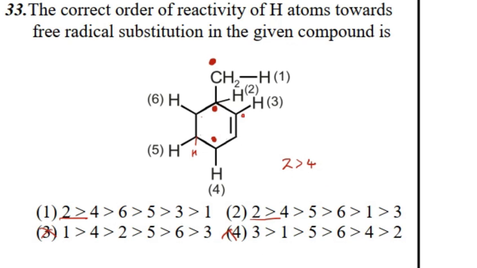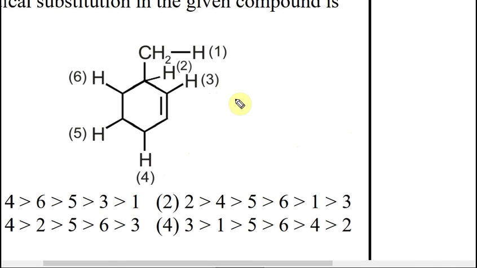Okay, let's erase it now. So far we have figured out 2 is greater than 4, then 5 and 6. When you look at 5, there are 2 alpha hydrogens this side and 2 this side, so 5 has 4 alpha hydrogens. If you take 6, there are 2 alpha hydrogens on this side, and on the other side there is only one alpha hydrogen, so this has 3 alpha hydrogens.